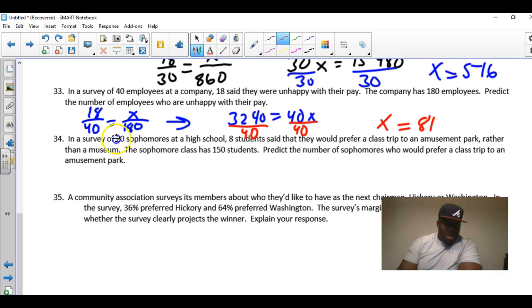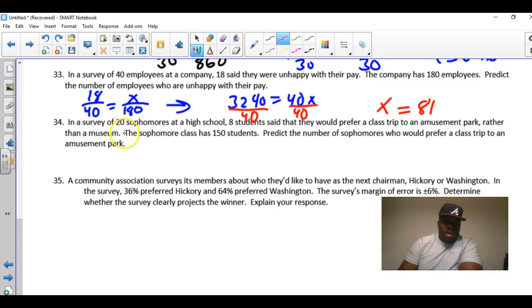Now, 34. In a survey of 20 sophomores at a high school, 8 students said they would prefer a class trip to an amusement park rather than a museum. So that's 8 out of 20 sophomores. The sophomore class is 150 students, and we use that to predict how many would prefer the amusement park.